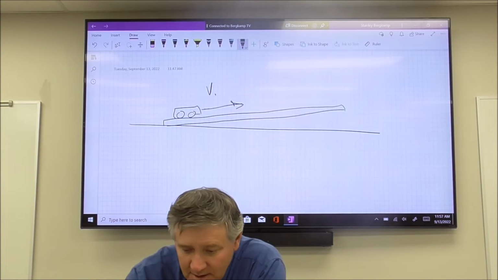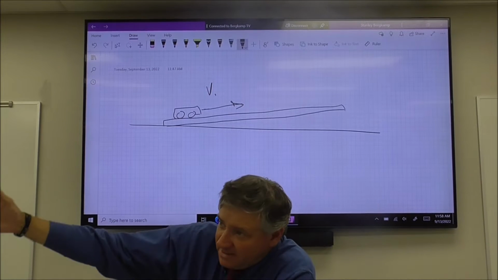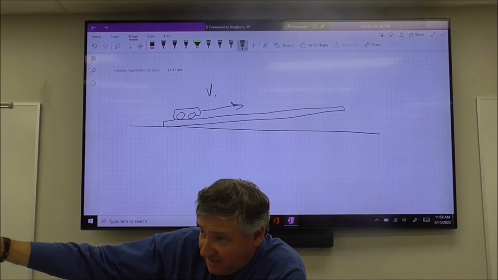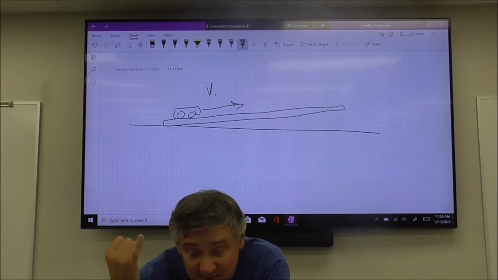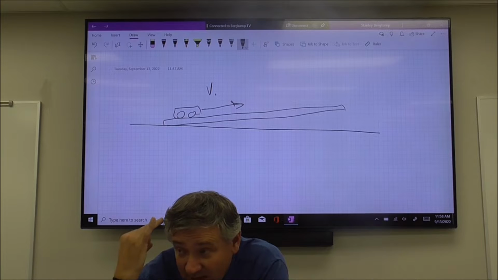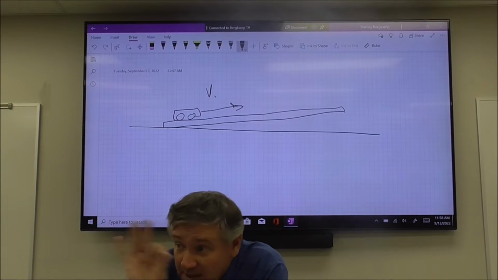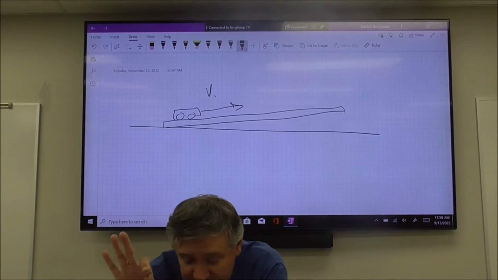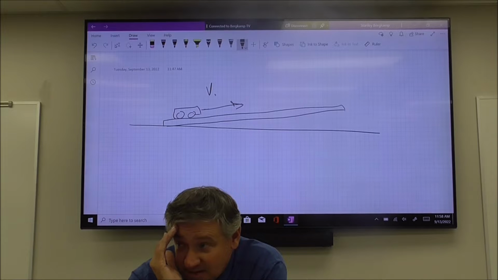Now, at some point as this thing is going up, you're going to look at it at a second velocity vector. One of three things can happen. The velocity vector has gotten bigger, the velocity vector has gotten smaller, or the velocity vector has stayed the same. That's it. Those are the only three options. I gave this thing some initial velocity.